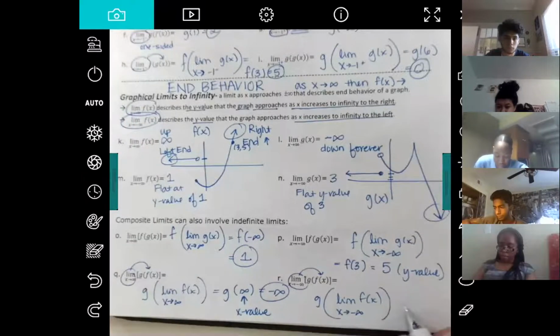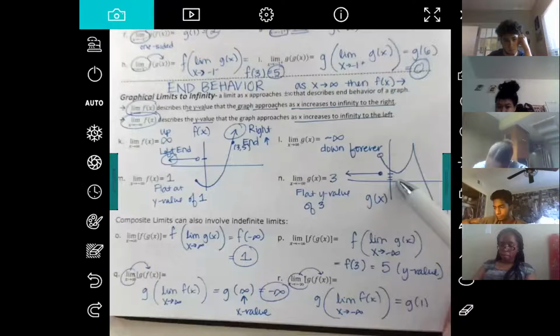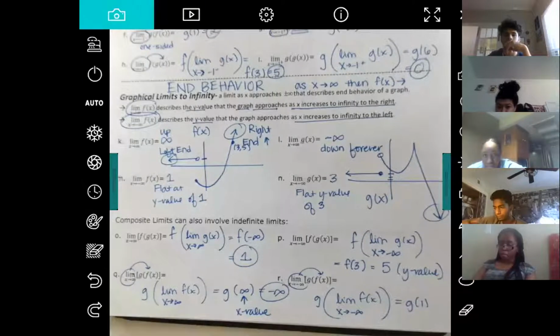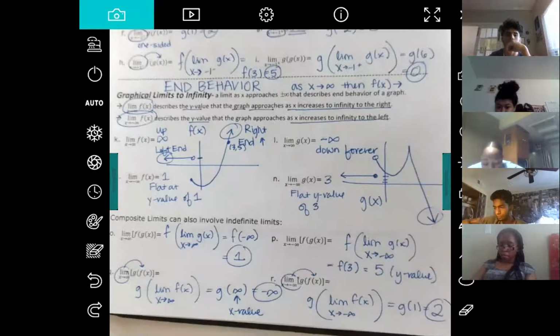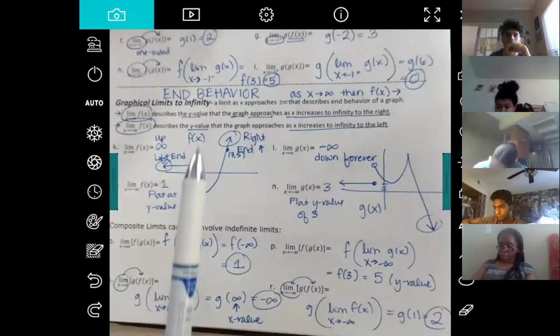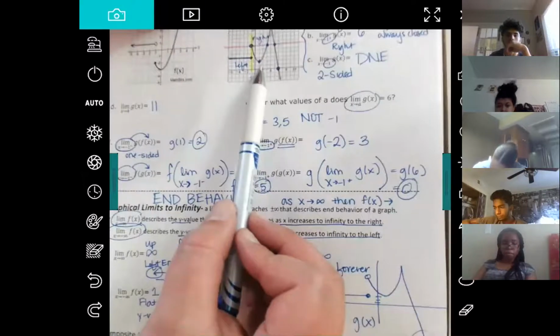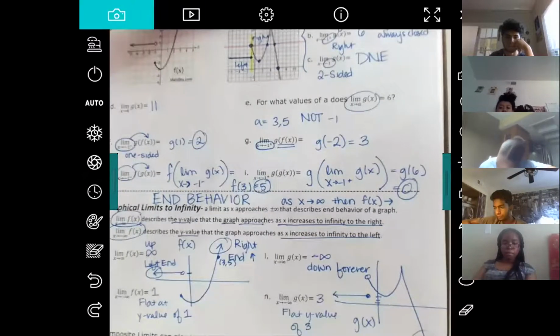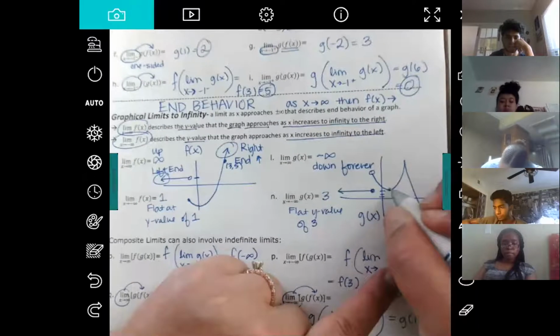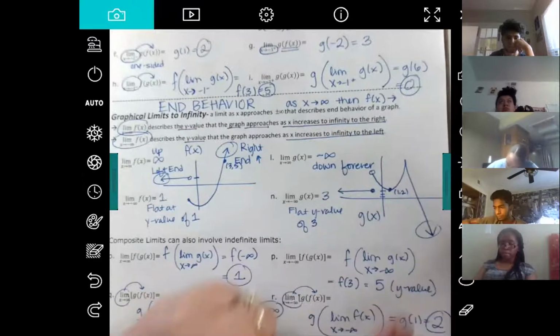Then that means that I want g of 1. And then I would come over here to my graph at 1. Really, I'm going to have to look at the original graph because mine is just a sketch, right? So at 1, I can see my height was 2. Okay, and then I can come up and show you if you are looking only at my screen. But look right here. g of 1, my height was 2. So if you want to label that on here as well, you totally can. 1, 2. That's how I knew that.